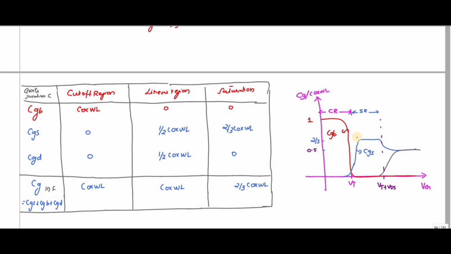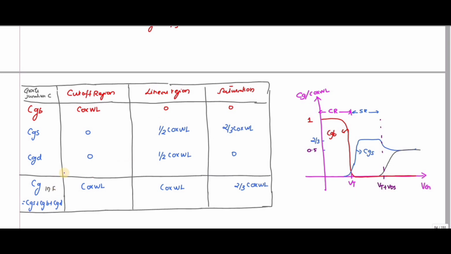Now if I plot the graph between V versus C, instead of CG, I'm going to write CG divided by Cox WL. So what is CG divided by Cox WL at this point? At the cutoff region the value is 1.